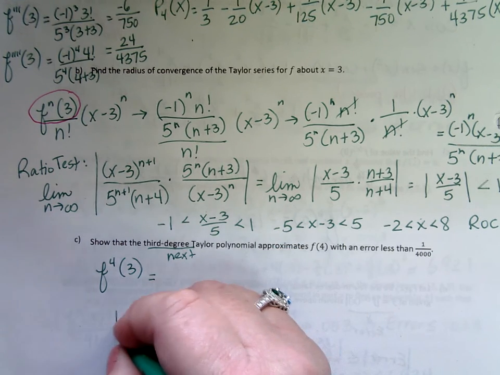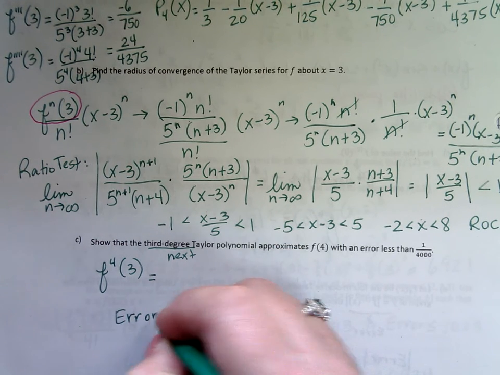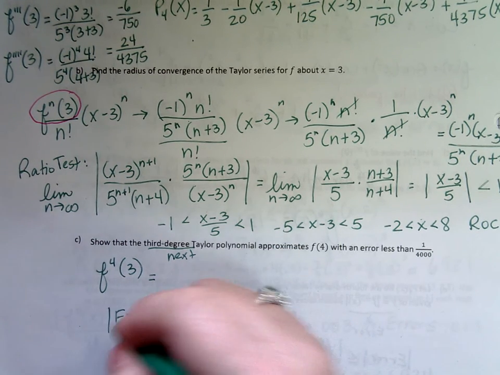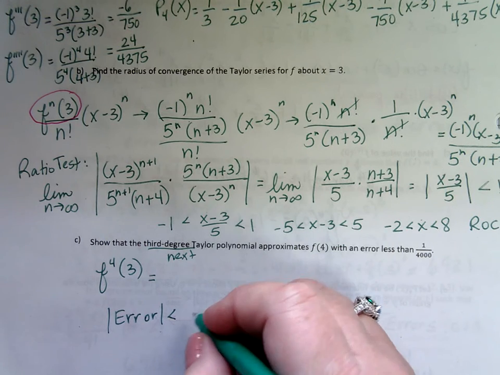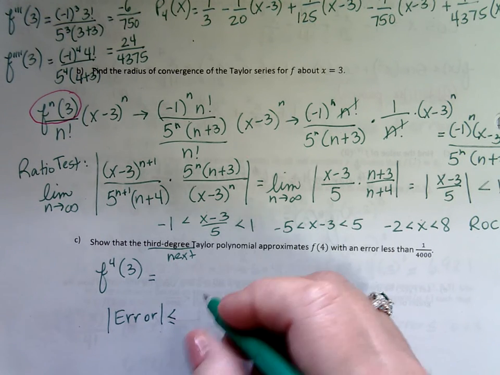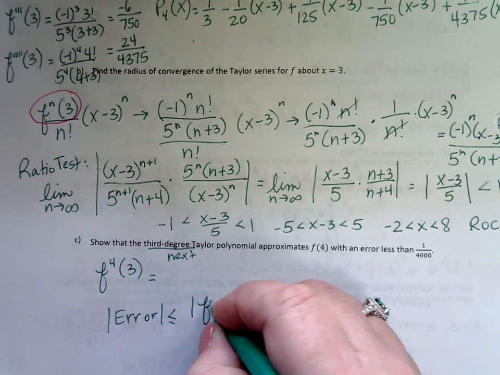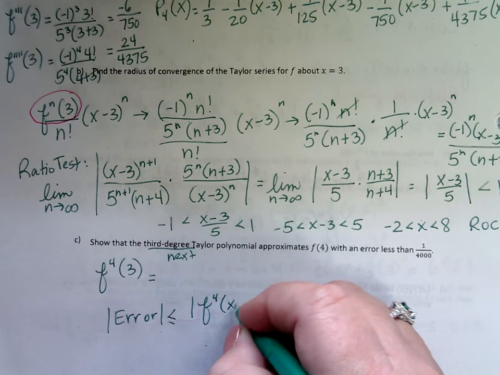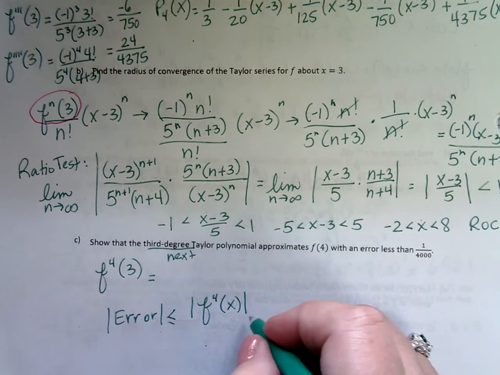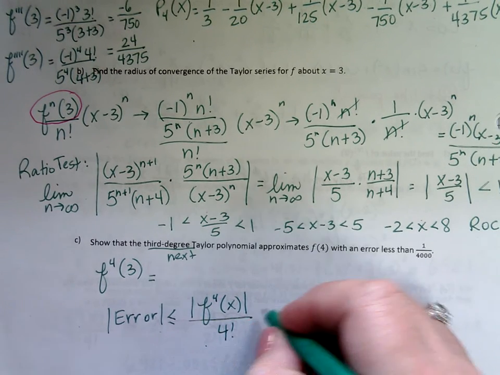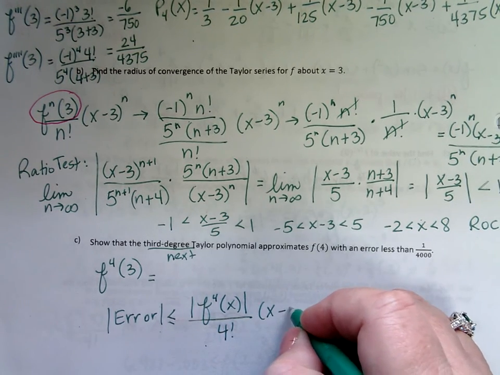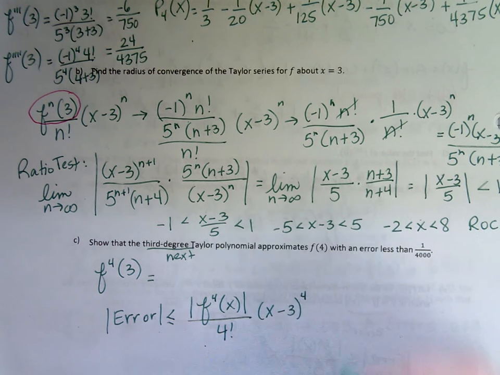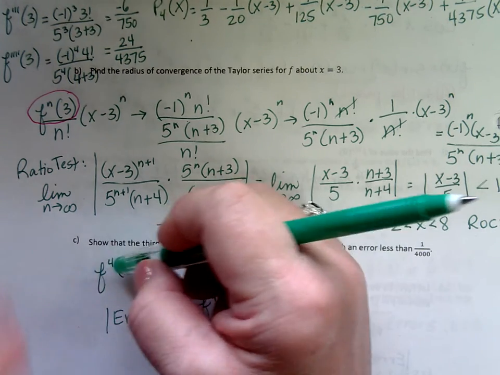The error we know has to be less than or equal to the fourth derivative of x over 4 factorial times the group x minus 3, centered at 3, to the fourth power. So maybe I'll even take this piece away so it doesn't get confusing in the midst.